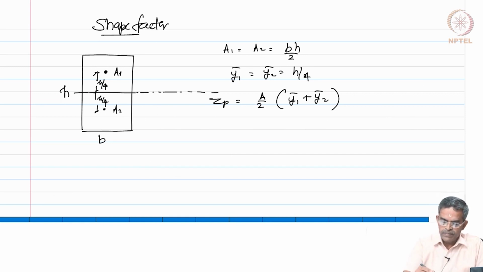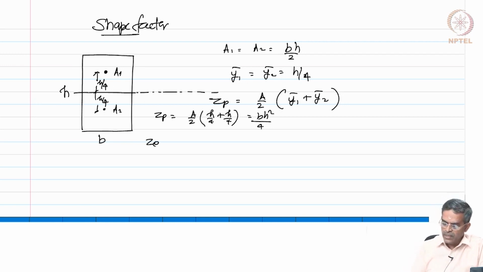Let us substitute that here, which is going to be A by 2 of H by 4 of twice, which becomes B H square by 4, and ZE elastic is B H cube by 12 by H by 2, which becomes B H square by 6.